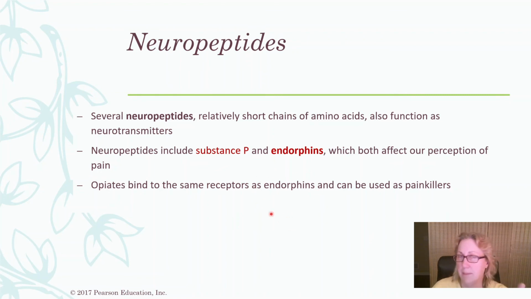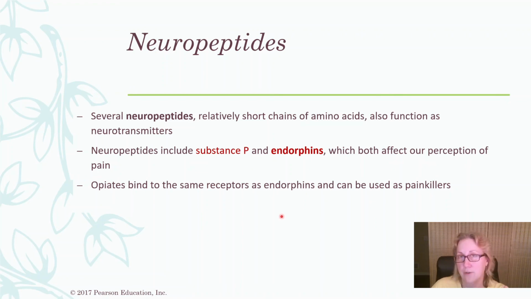The same thing happened with the cannabinoid receptors. It was known that the substance found in marijuana was binding to a receptor in the brain. And if it's binding to a receptor in the brain, that means there's a natural substance that binds to that receptor as well, something the brain makes.